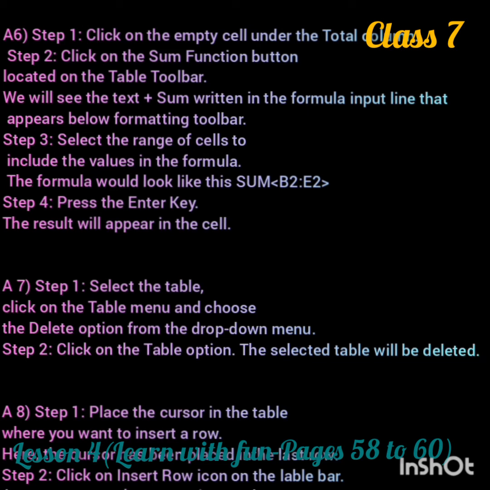Select the range of cells to include the value in the formula. The formula would look like this: =sum<B2:E2>. Step 4. Press the Enter key. The result will appear in the cell.